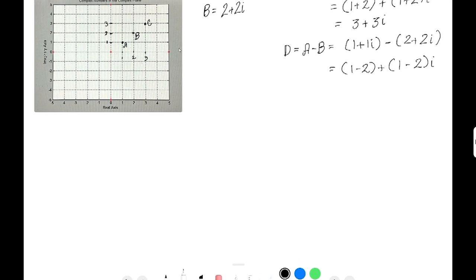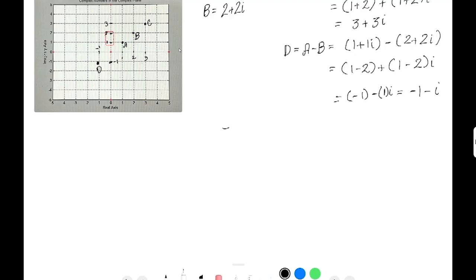And that's equal to minus 1, minus 1i. So we have point D right here, since this is minus 1 and this is minus 1, this would be our point D.